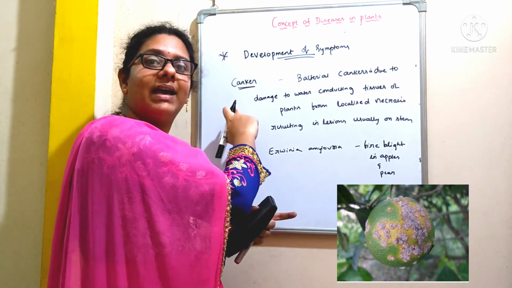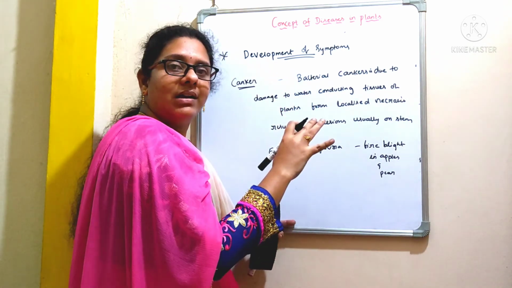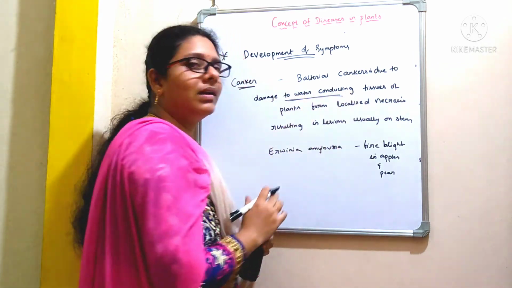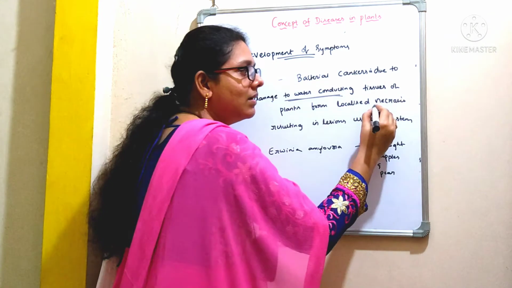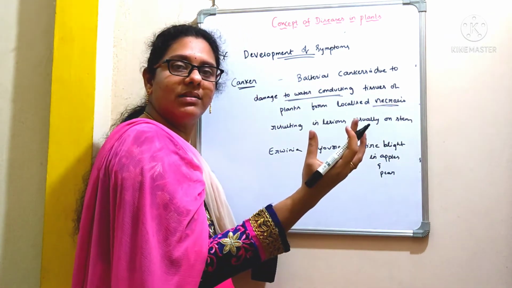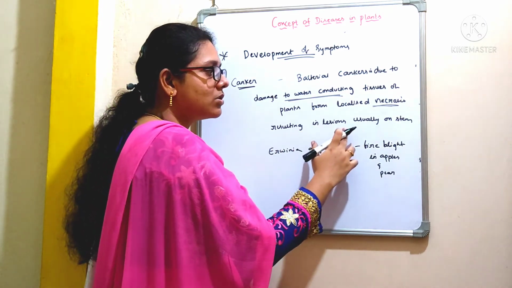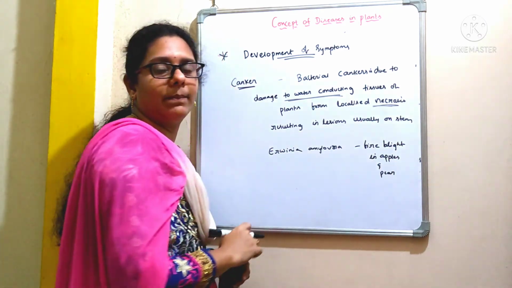That is nothing but a canker. And these cankers are mainly caused due to the damage to water conducting tissues, resulting in necrosis. Necrosis, again, is nothing but rapid cell death, right? And resulting in the formation of lesions usually on the stem.